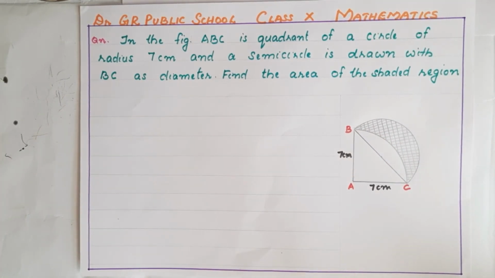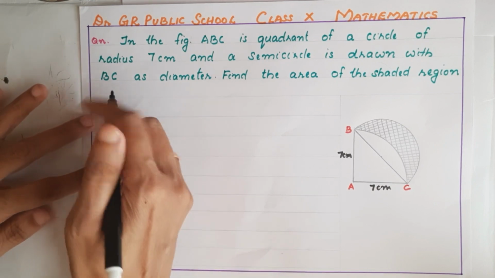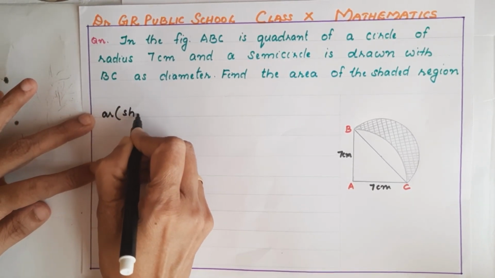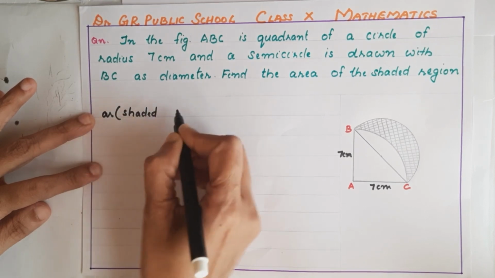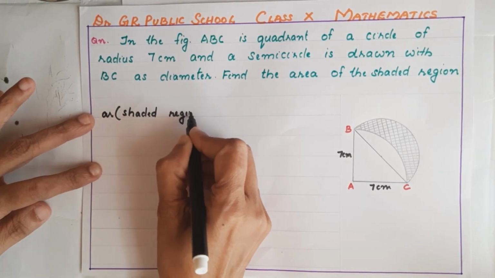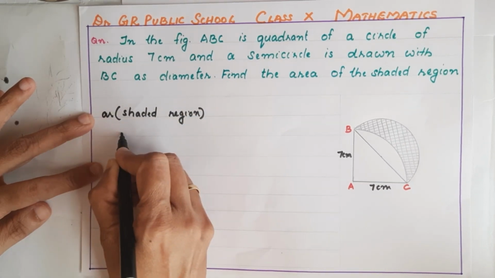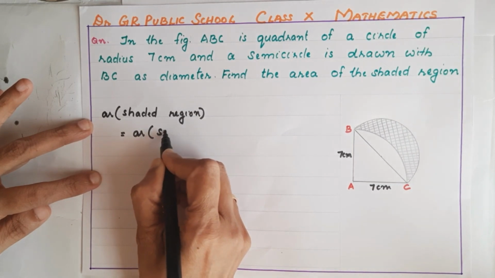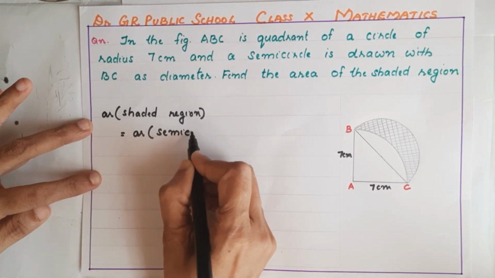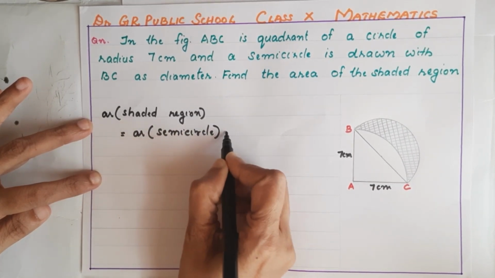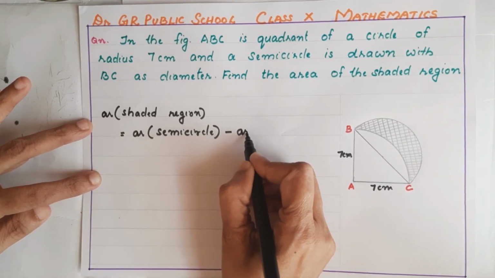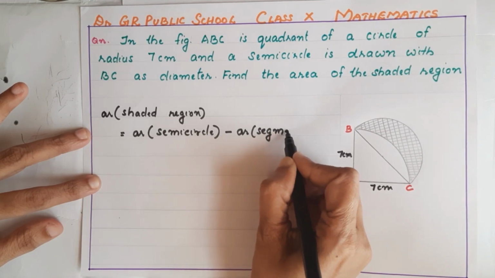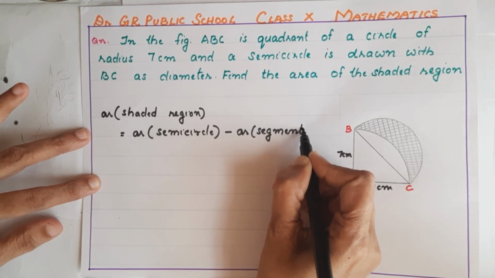Okay, so let me write area of shaded region is equal to area of semicircle minus area of segment.